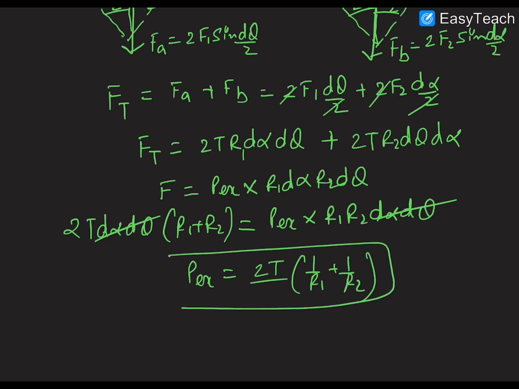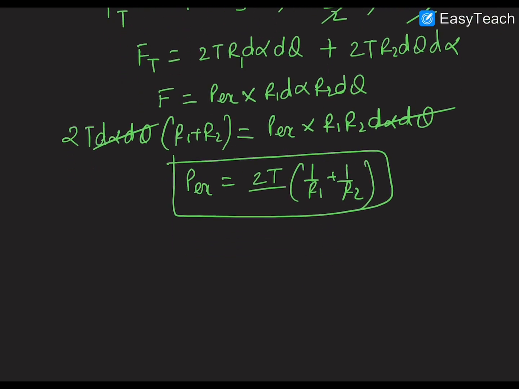This is the formula in the case of multiple radii of curvature, and if the radius of curvature is the same, like in the case of a drop or bubble, then R1 and R2 are equal. In this case we have assumed that the surface has air on both sides, so there are two free surfaces.